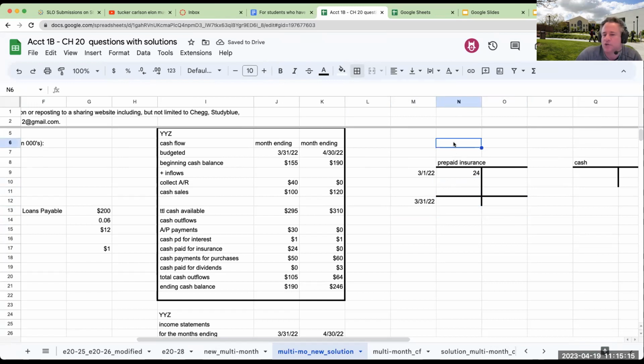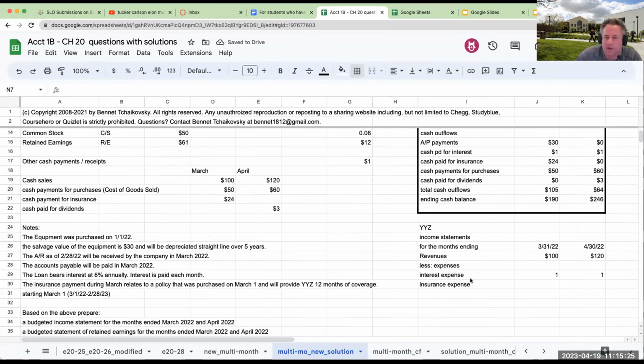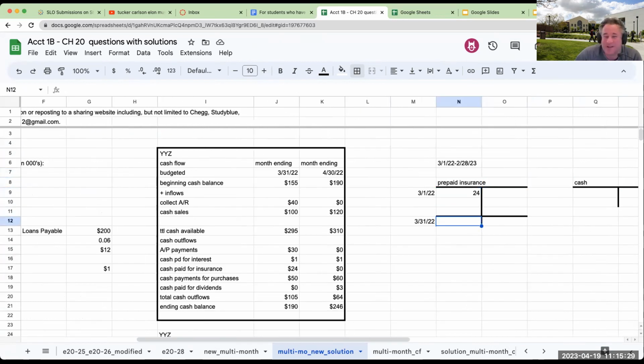Well, the insurance policy is giving me coverage from 3/1/22 to 2/28/23, or 12 months of coverage. So by the end of the month, some of this has expired, right? When I look at this on my balance sheet, when I show my assets, it has to show the future economic benefit. And it's no longer going to be at 24.